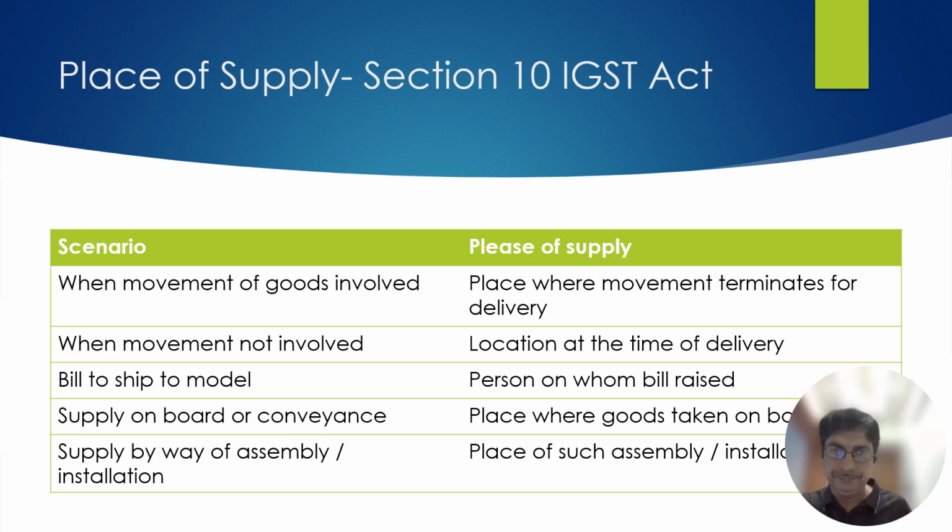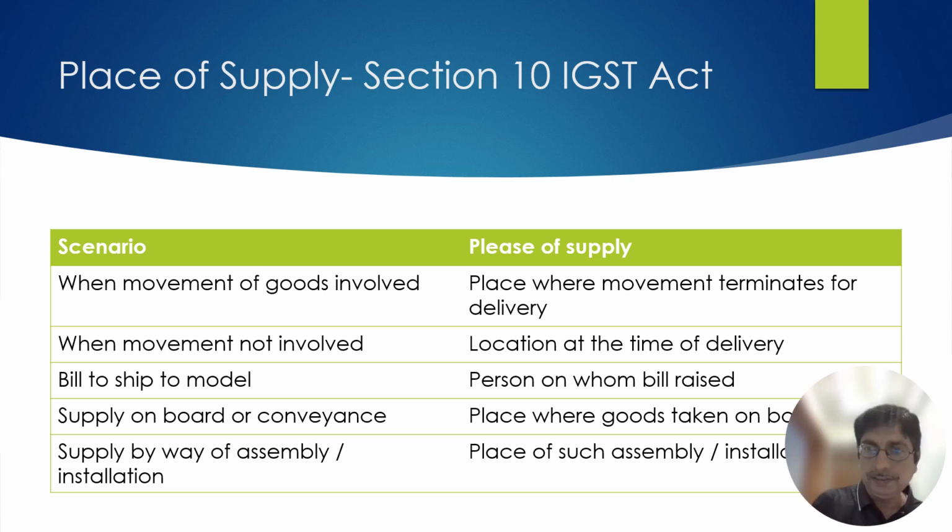IGST is leviable. However, B instructed A to supply the material to C, who is in Tamil Nadu. So the goods do not even cross the border of Tamil Nadu.